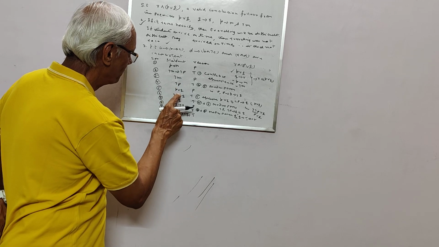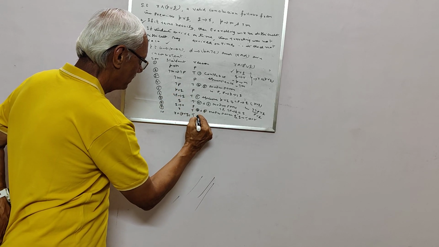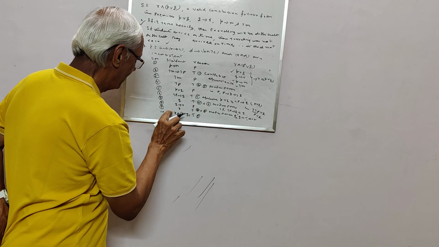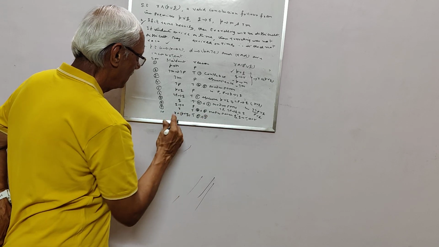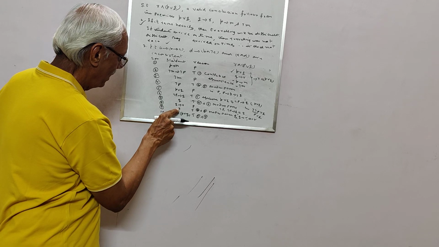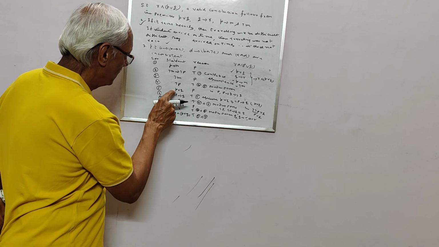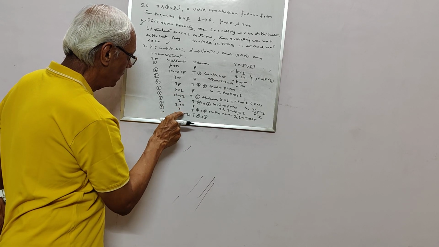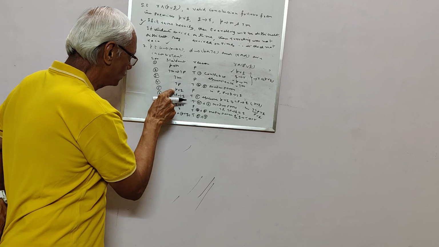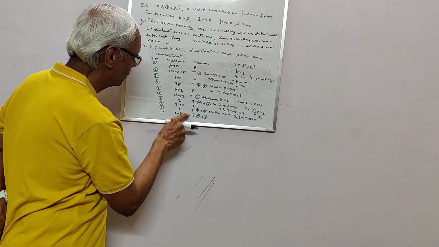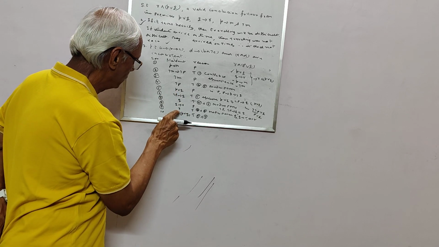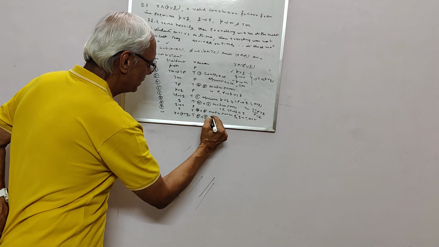It comes from 5 and 9. R is true, P union Q is true, therefore this is true and this is also true, and therefore R intersection P union Q is true. This is coming from 5 and also 9; it is conjunction.